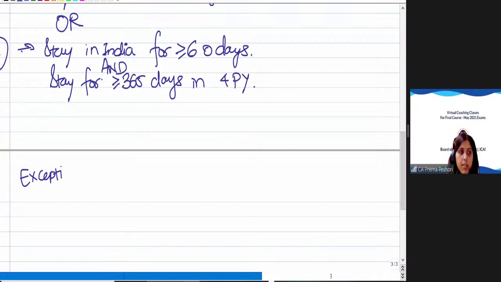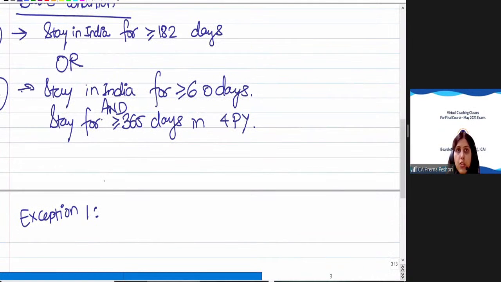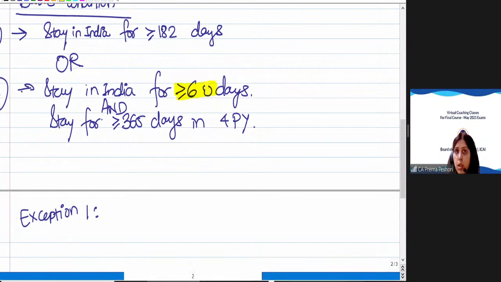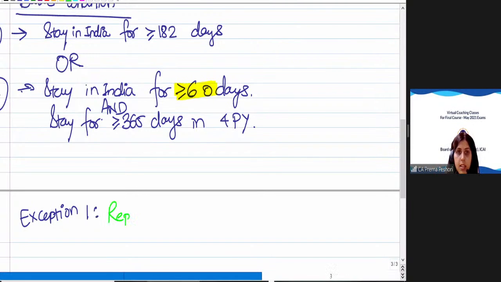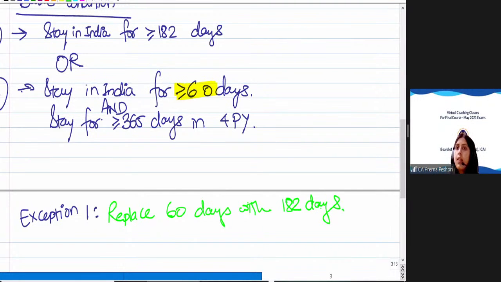Exception number 1 is: this 60-day condition which is existing will be replaced, so replace 60 days with 182 days, right? For whom?